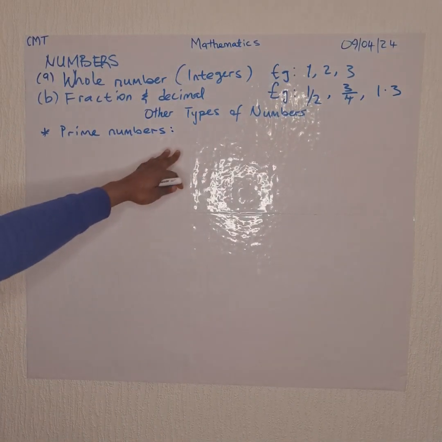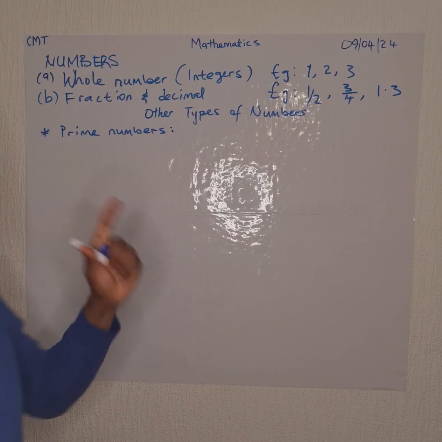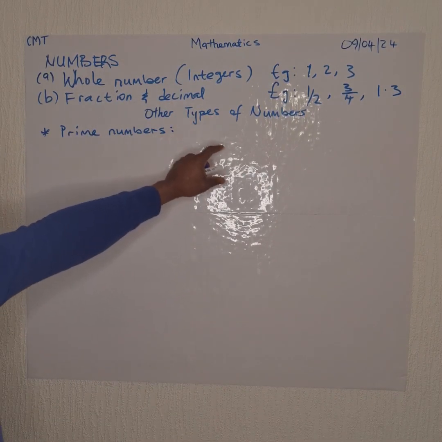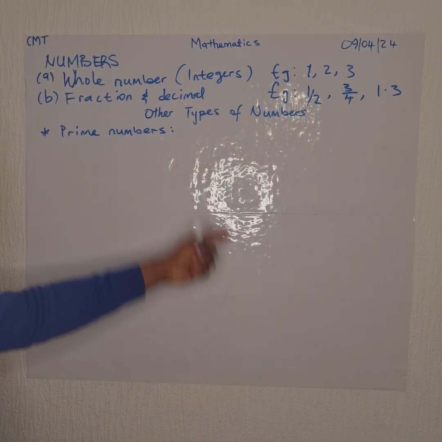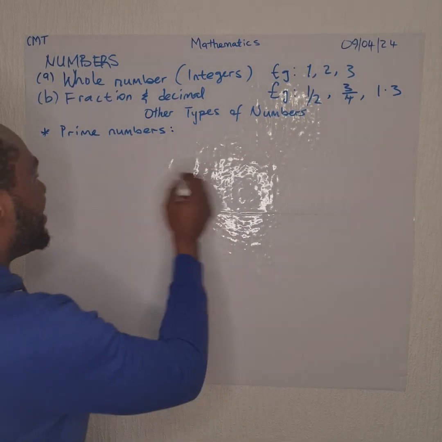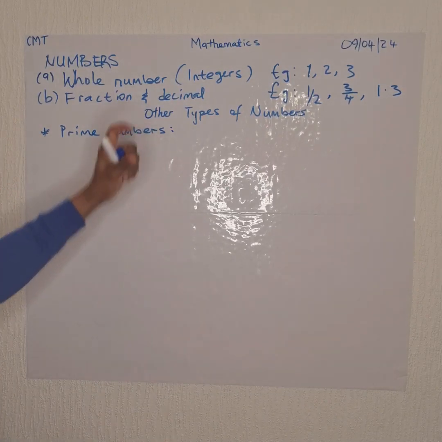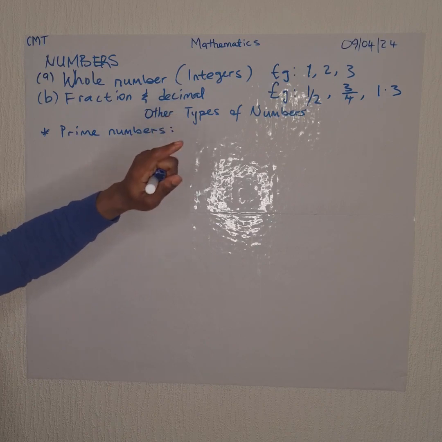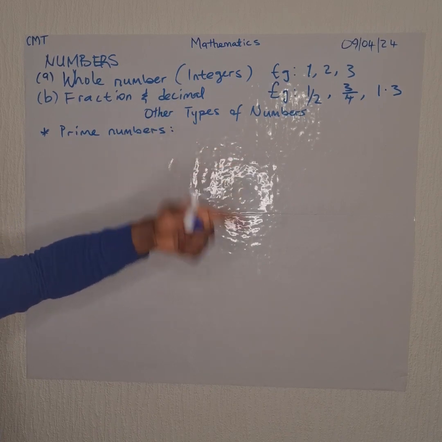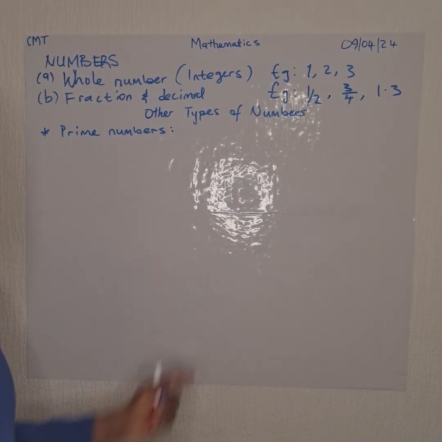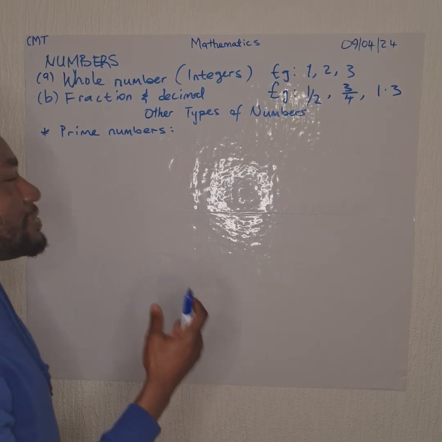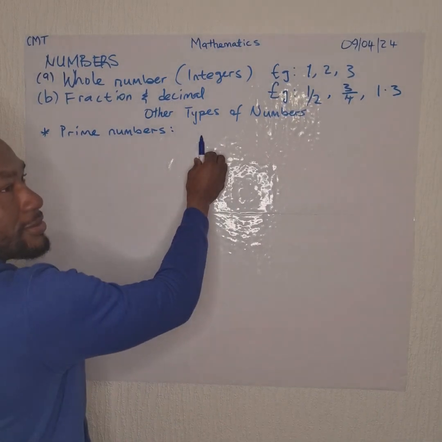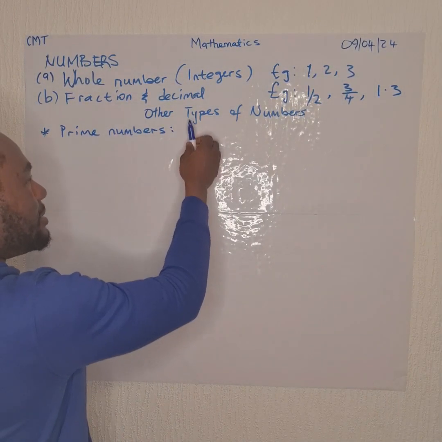A prime number first has to be greater than 1. Any number that is equal to 1 or less than 1 is not a prime number. So a prime number is a number that is greater than 1, that cannot be divided by any other number except itself or 1. In other words, it is not a product of any other numbers except when you multiply itself and 1.